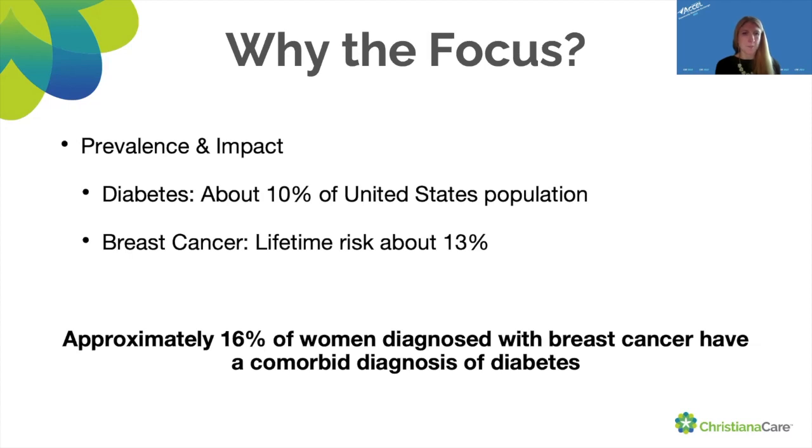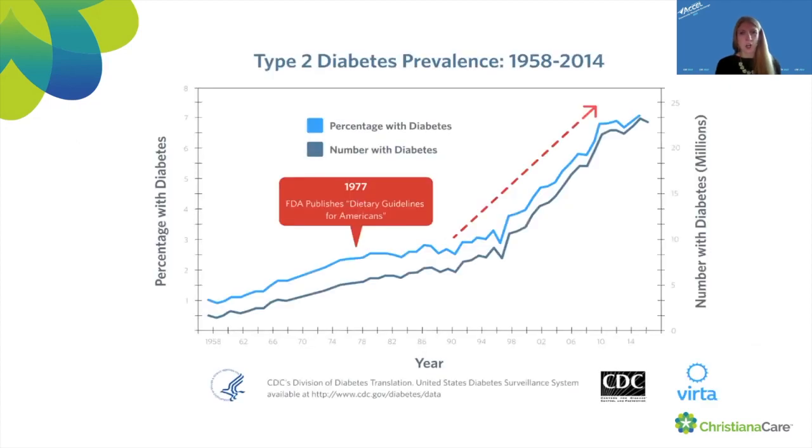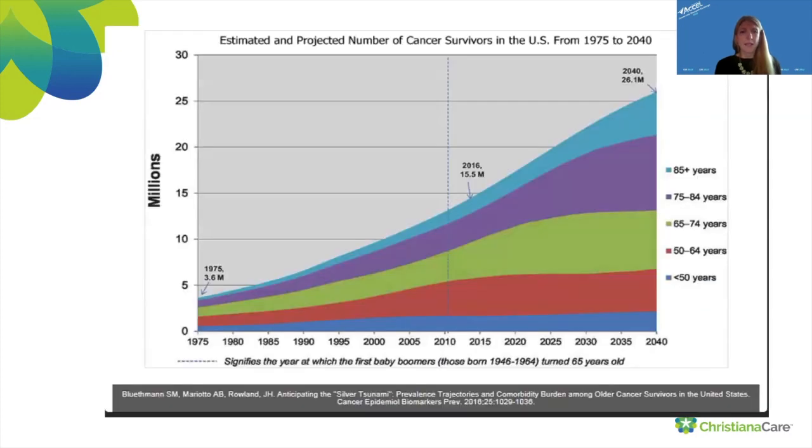Next slide, please. And this is just showing the prevalence is there, and we would almost anticipate to see that prevalence growing. So as we've seen in more recent years, the prevalence of type 2 diabetes is going up in the United States. Next slide, please. And in conjunction with that, we're seeing advances in breast cancer treatment, early detection, improved treatment outcomes.